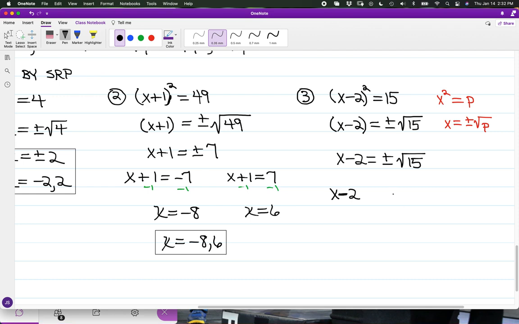I'm going to do a bit of horizontal adding in this case, so I'll create a bit of space here. We have the plus or minus the square root of 15 following the constant that is added or subtracted. Now for x minus 2, to translate this to just x, I'm going to add 2 to both sides.